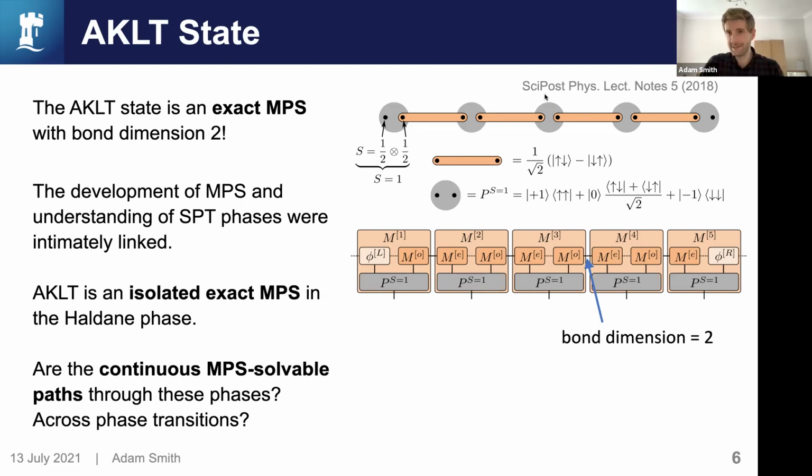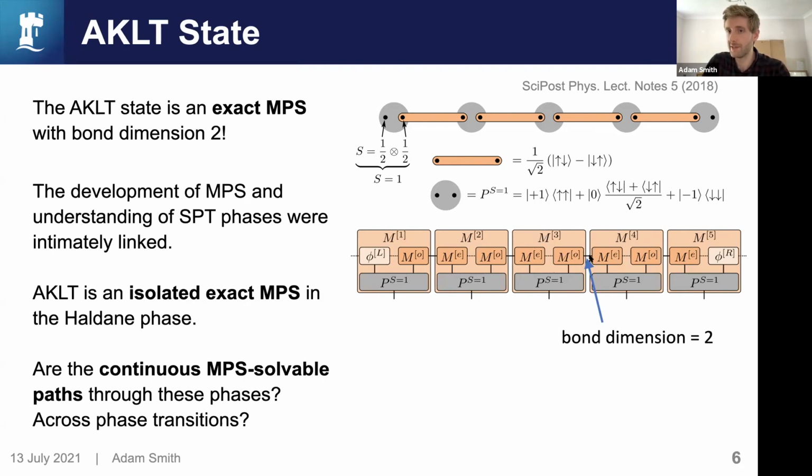And in these nice lecture notes, there's a very nice picture for showing how to get the MPS from the AKLT state. Essentially, you can understand it by splitting the spin 1 degrees of freedom into 2 spin halves, creating singlets, coupling them, and then projecting onto this spin 1 space. And essentially, by a redrawing of this picture, we can see that we end up with a matrix product state.